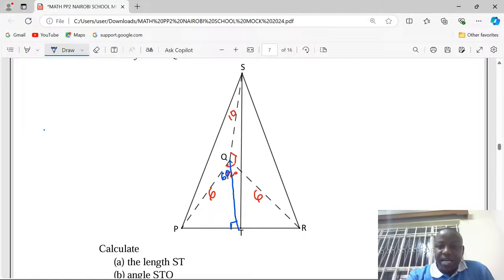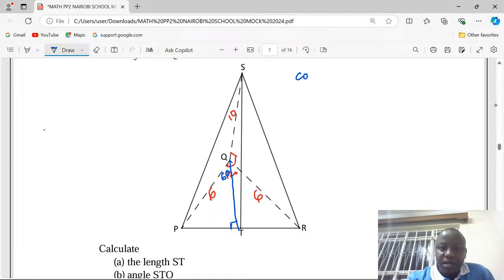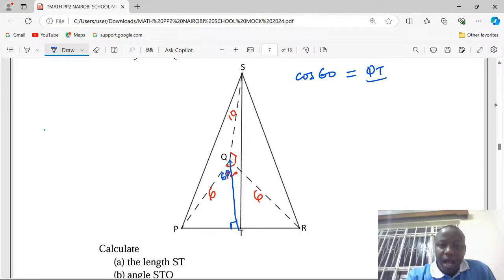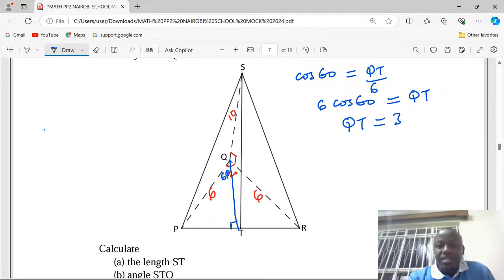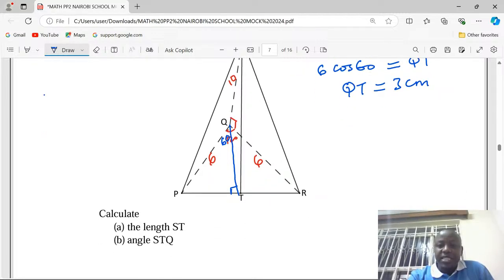So we can use the cosine. The cosine of 60 is equivalent to QT out of the hypotenuse of 6. So 6 cosine of 60 should give us QT. So the value of QT now is going to be 3 centimeters because cosine of 60 is a half.